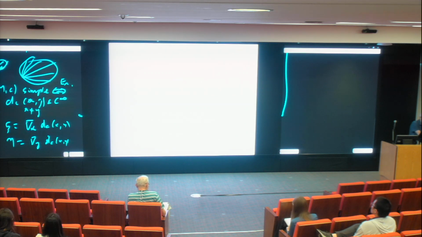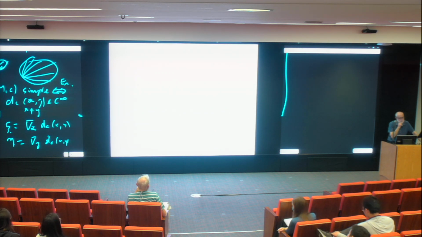So you have two points, x and y here. To obtain the direction of entrance, you differentiate the distance function with respect to x and the exit with respect to y. Okay? And therefore, it gives you the same information. If there are caustics, the distance function is not smooth or not convex.